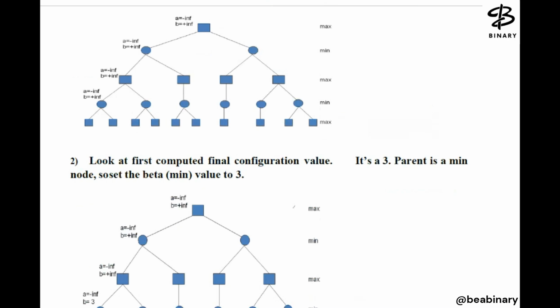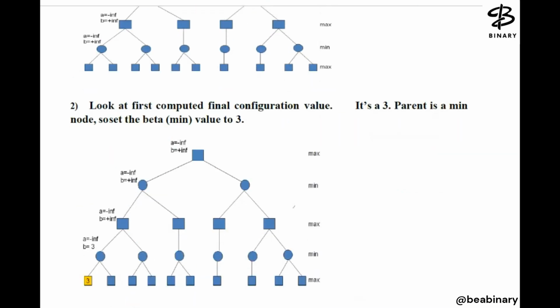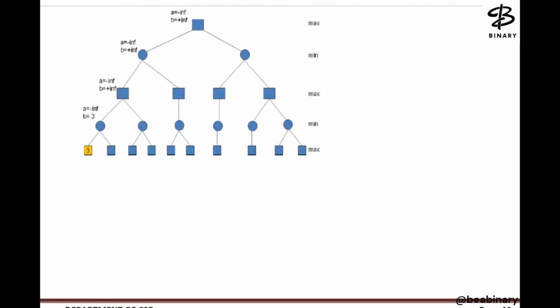Now, first we compute the first final configuration value, which is 3 here. It is 3, and the parent is a min node, so the beta value of the min node will be 3 here.